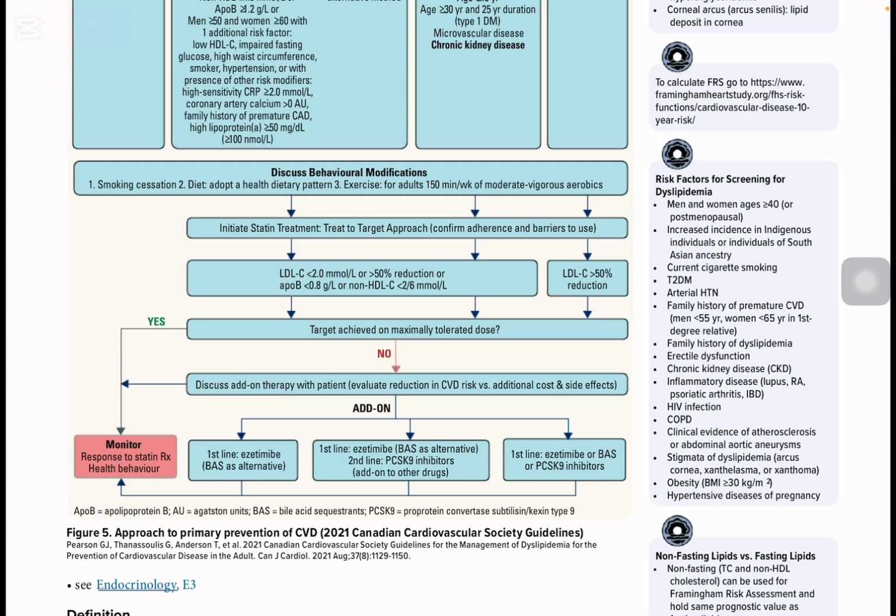Now, cigarette smoker, type 2 diabetes, arterial hypertension, family history of premature cardiovascular disease, men aged less than 55, women aged less than 65, in the first degree relative, family history of dyslipidemia, erectile dysfunction, CKD, inflammatory disease like lupus, RA, psoriatic arthritis, IBD, HIV infection, COPD, clinical evidence of atherosclerosis, abdominal aortic aneurysm, stigmata of dyslipidemia, arcus cornea, xanthomas, obesity of BMI more than 30, hypertensive disease of pregnancy. These are all the risk factors where you have to start screening for high lipids.